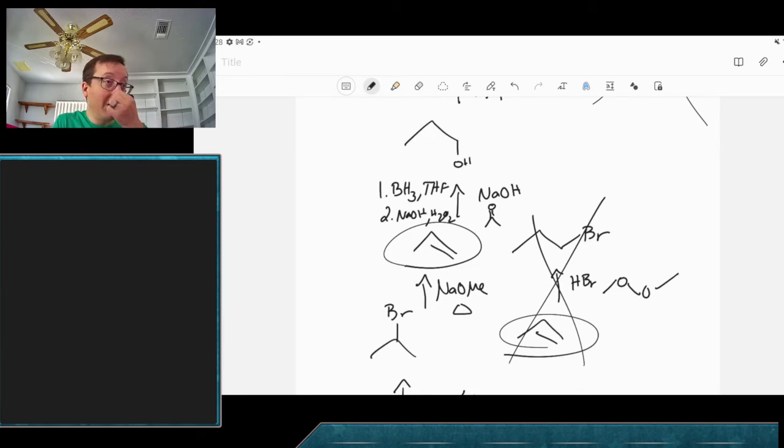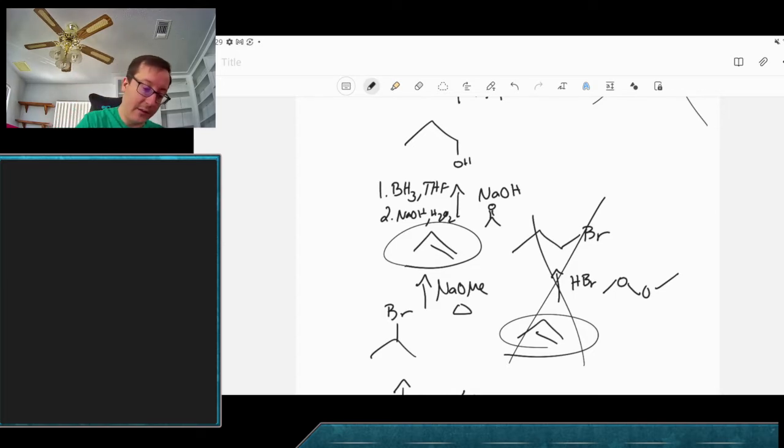If we try to use the bromine, that's going to take longer because we would have to make the alkene anyway. So if you can go directly from one functional group to another, that's always more efficient. It doesn't make sense to go between functional groups if that adds extra steps to your synthesis.